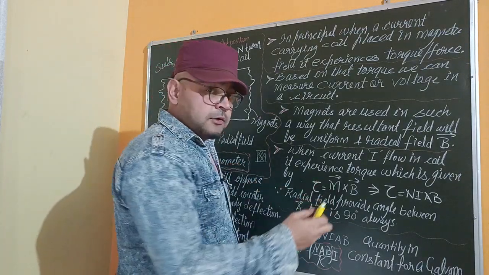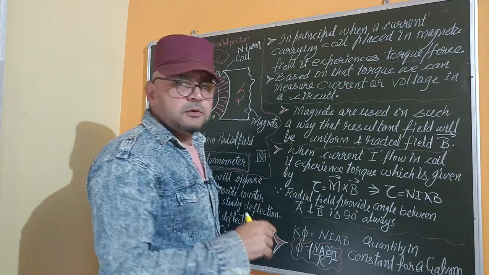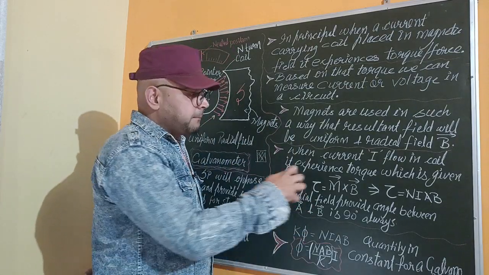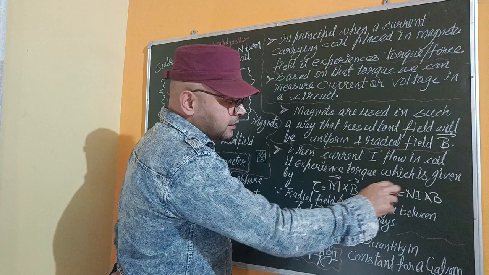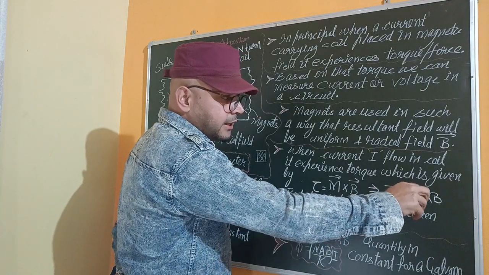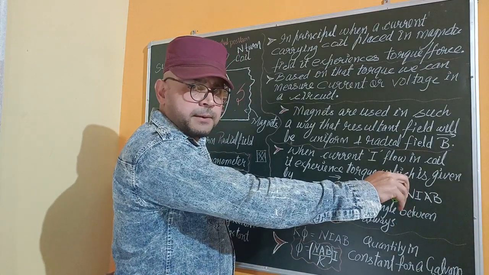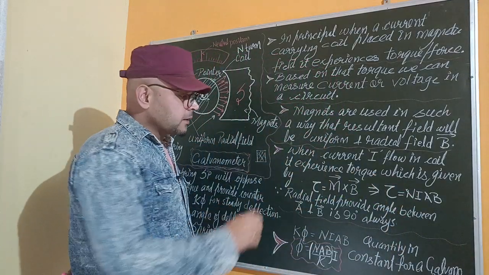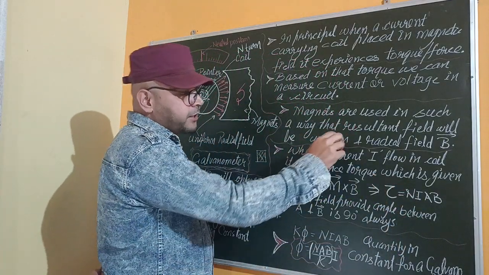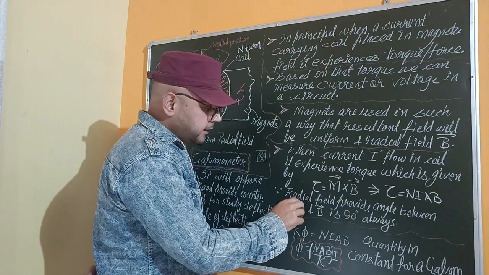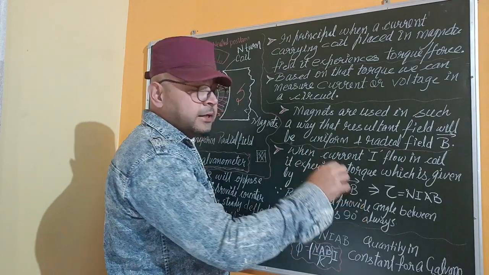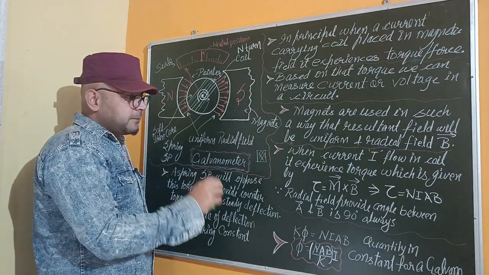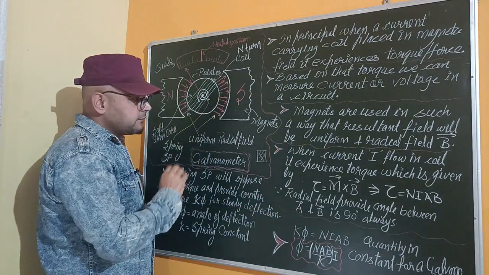Now from our previous lectures, it need not be mentioned over here, but it comes out to be tau equals N I A B sin theta. But I have not written it here because here the radial field comes into play, and the radial field provides every time the angle between the area vector and the field.